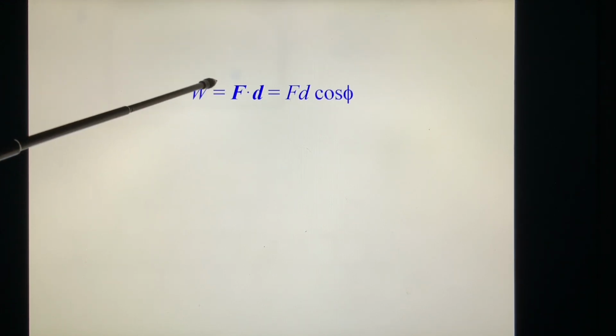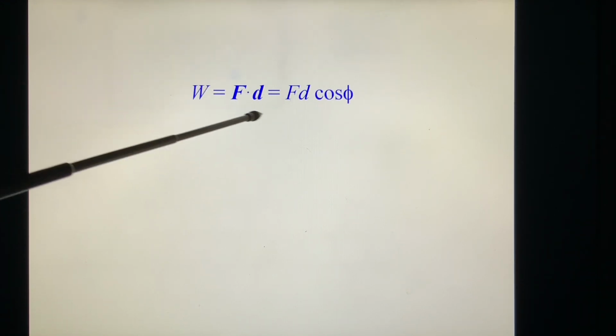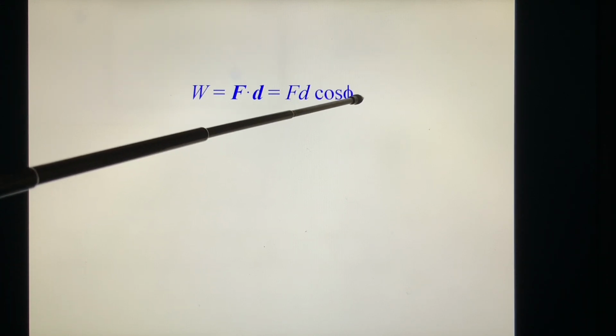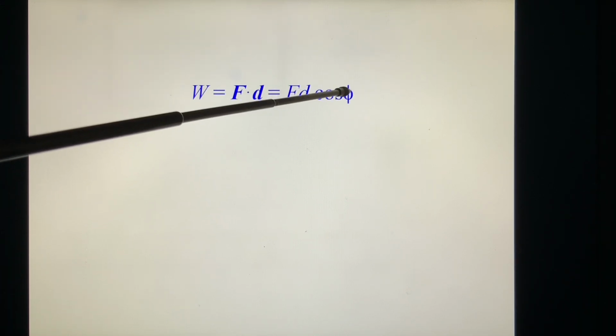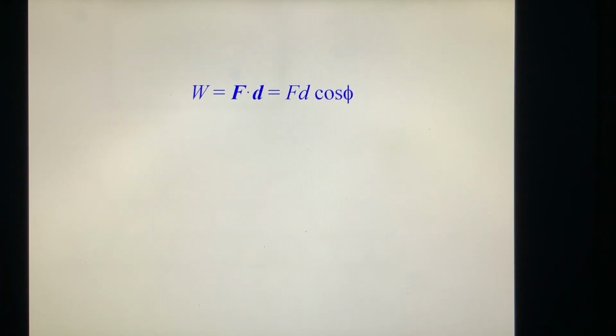If F is in the same direction as d, so phi is smaller than 90 degrees, cosine phi is positive. It's positive work. If F is opposite the direction of d, phi is between 90 and 180 degrees, cosine phi is a negative number, so the work done is negative.